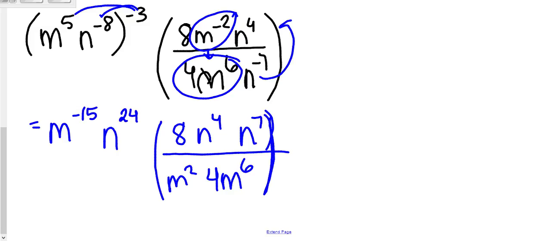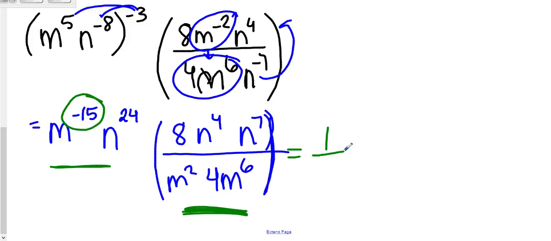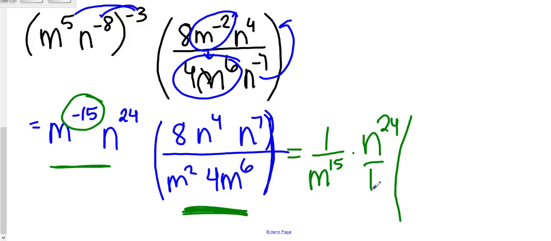Okay, so we can either start by looking out here or looking in here. I'm going to start inside the parentheses first. So I will rewrite this because we have a negative exponent here. So we'll have 1 over m to the 15th times n to the 24th all times, and this is over 1 if that helps you think about it like that.